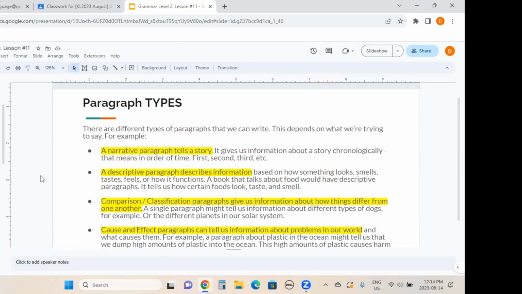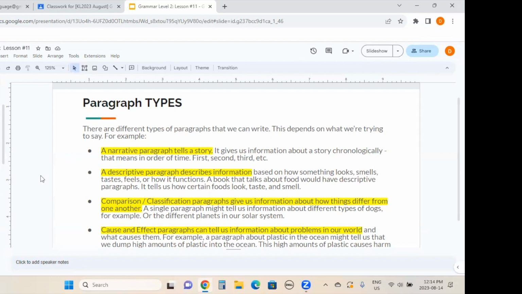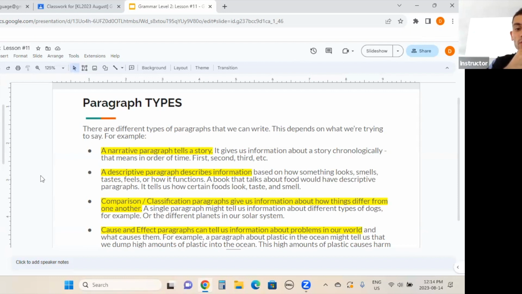A narrative paragraph tells a story. It gives us information about a story, chronologically. That means in order of time. First, second, third, etc. Perfect. So Jack, this is important for you because you were asking what paragraph types are.